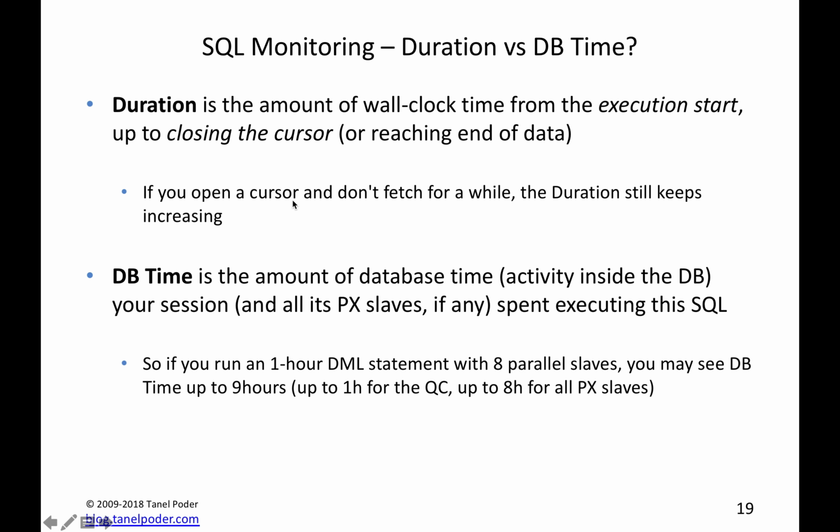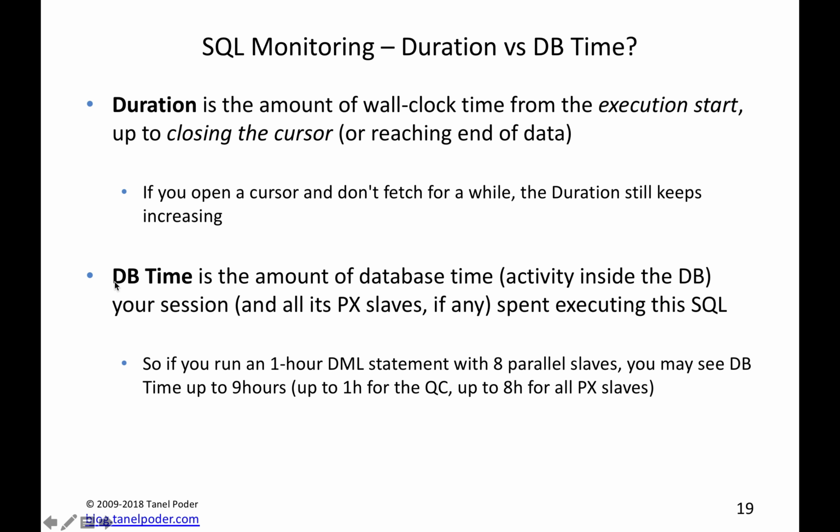So you can open a cursor and keep it open for 2 days and do nothing, and the duration will just keep going and going. But if you only fetch once and then you are idle, not fetching anymore, the DB time is not going to go up, because DB time only goes up when you actually do work in the database. If you use CPU, wait for IO, wait for this and that, it goes up.